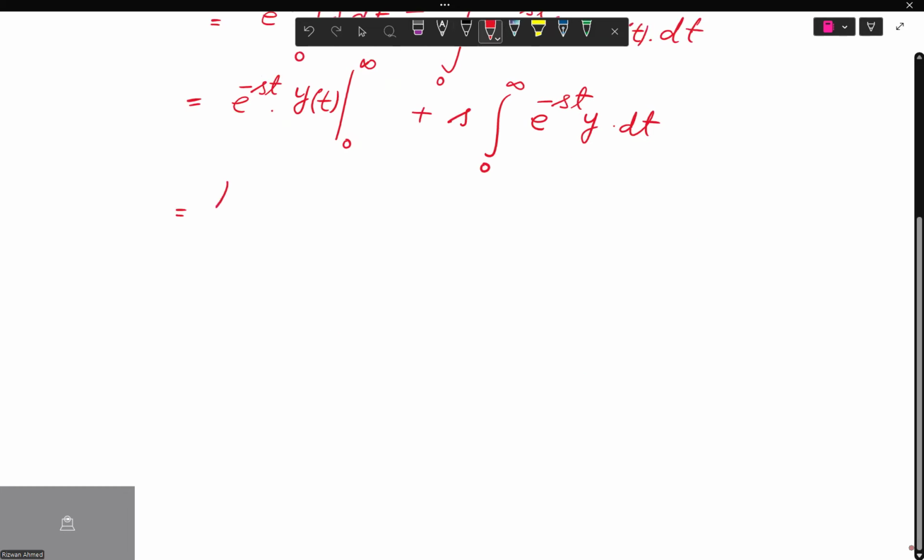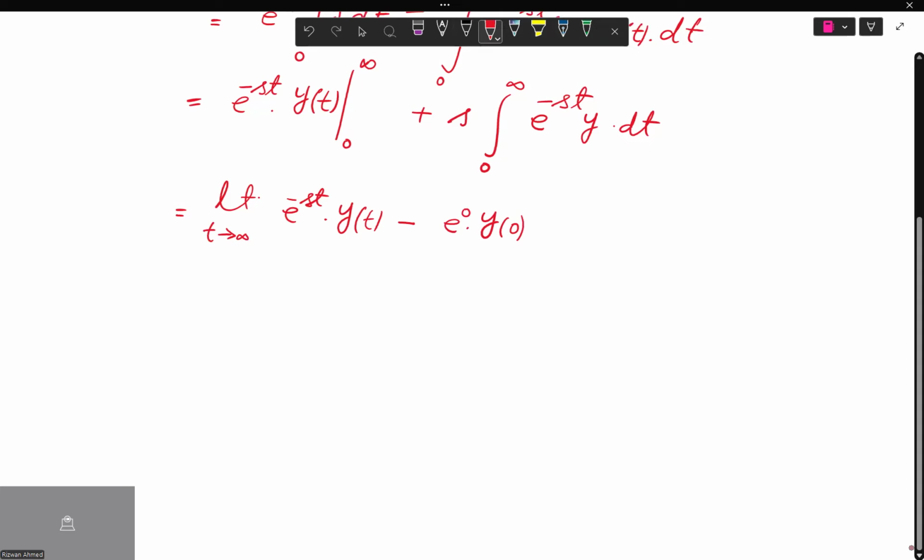So this is with limits, the limit t goes to infinity for e raised to the power minus st y of t minus e raised to the power 0 and y of 0.